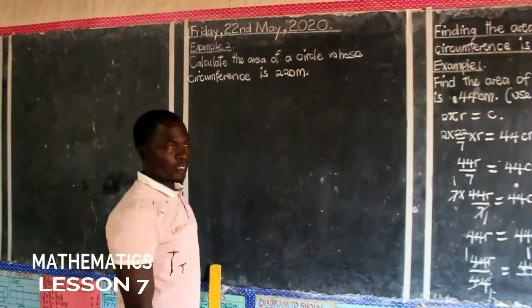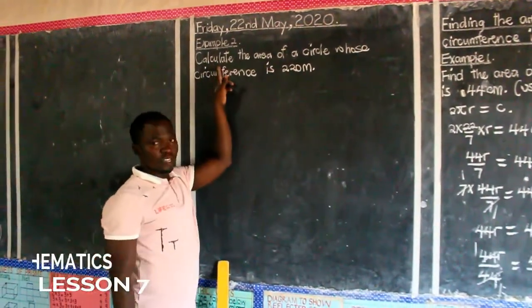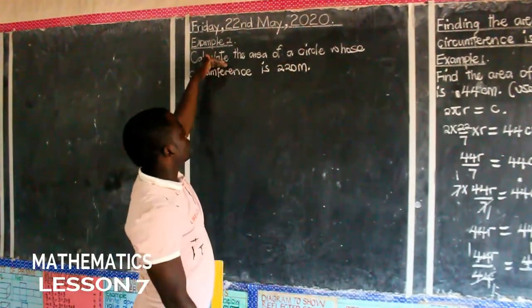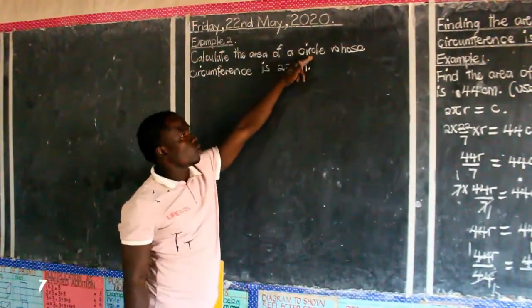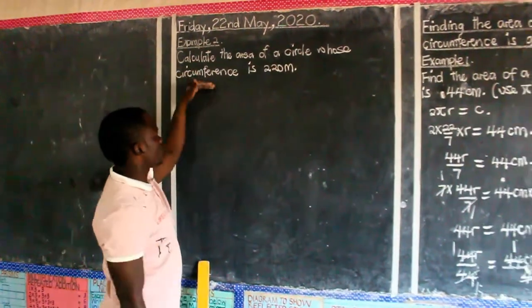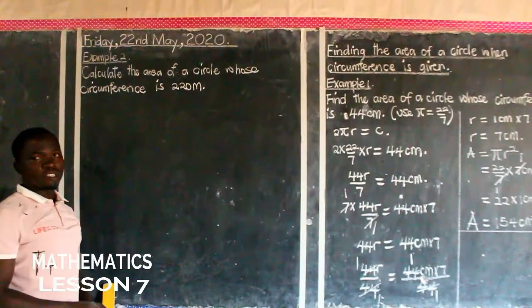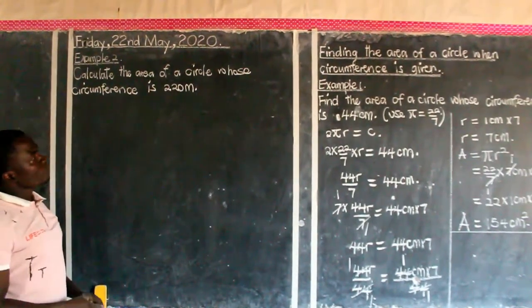Our example is here. Calculate the area of a circle whose circumference is 220 meters.